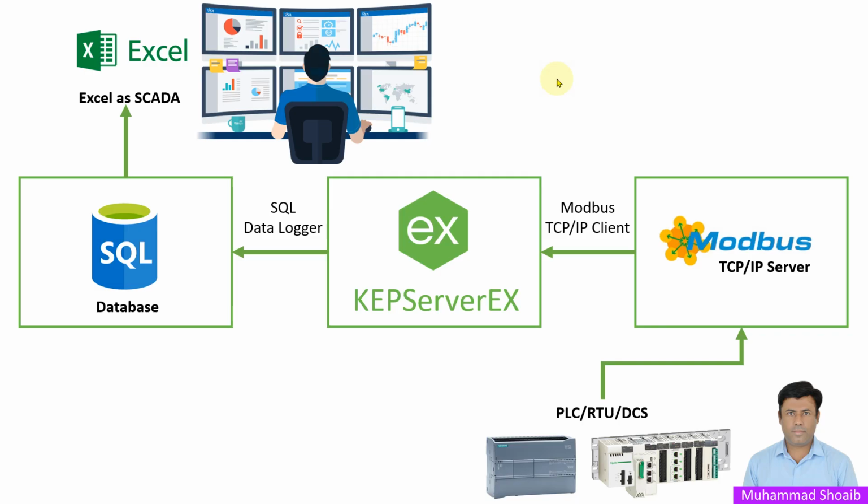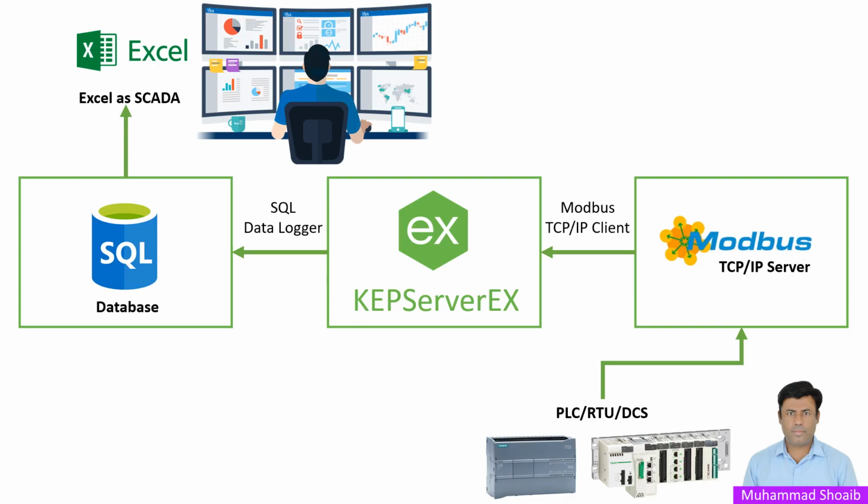So our tutorial will consist of three major steps. In the first step, we'll configure a Modbus TCP client driver inside the Kepware server, and we'll see whether we are successfully able to get data inside Kepware server or not.